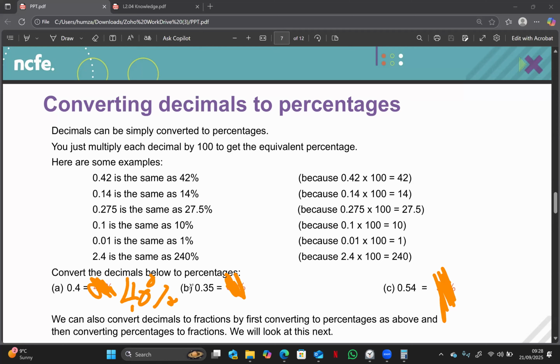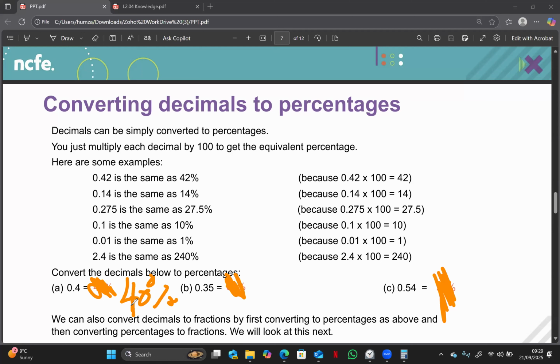And the second one? Same thing. No complication, same thing. 0.35 multiplied by 100.